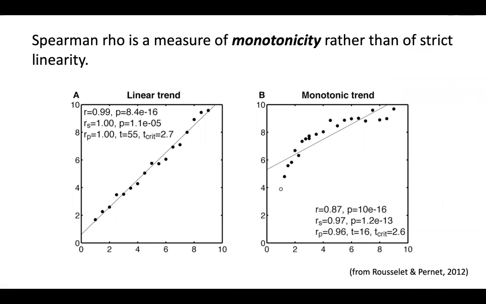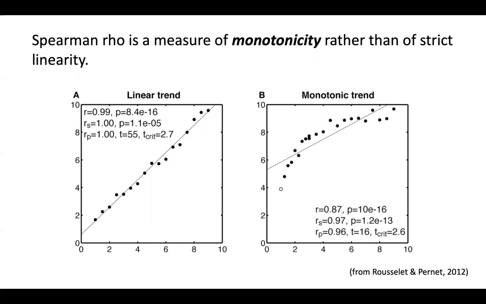An important thing that comes from the fact that we are transforming the scores into ranks is that the nature of the relationship that we actually measure is different. Remember that Pearson correlation measures a linear relationship, a relationship that can be represented by a straight line, by a linear function.